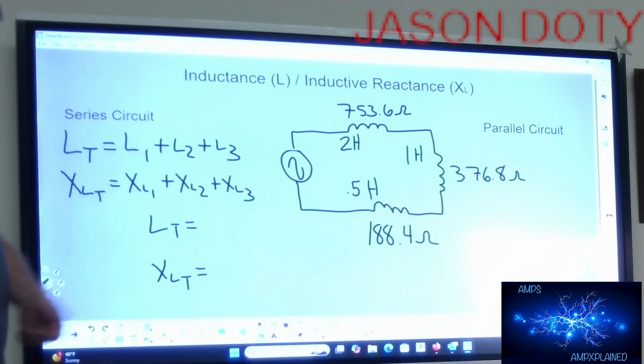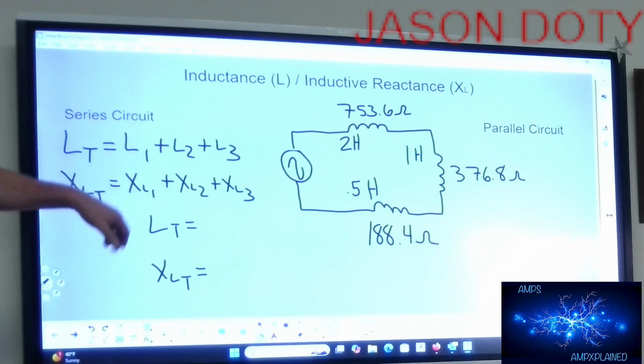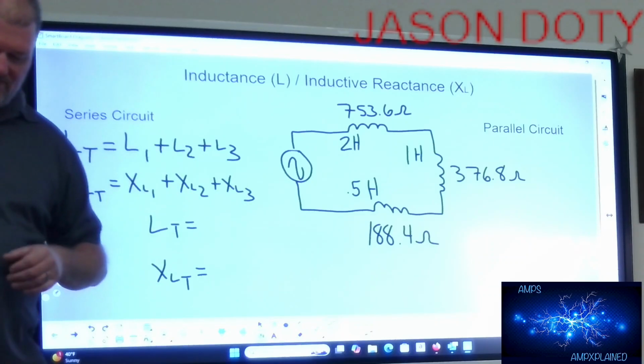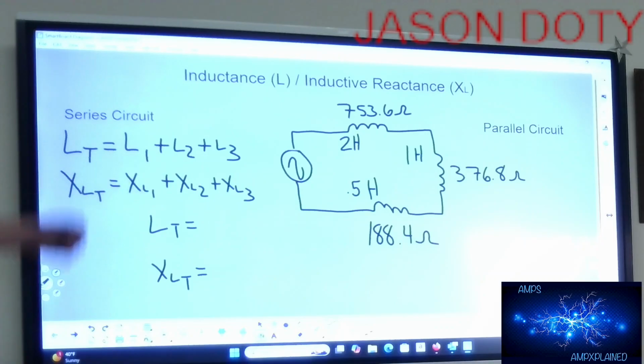So we can take the inductive reactance of L1, L2, and L3, and add them up to get our total.